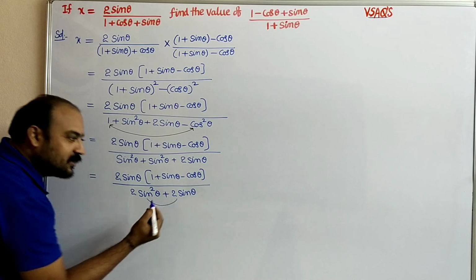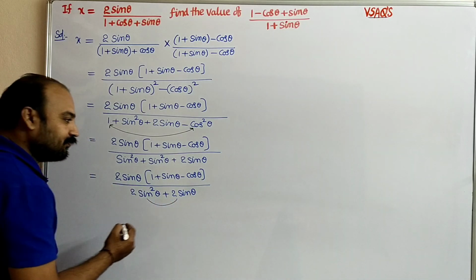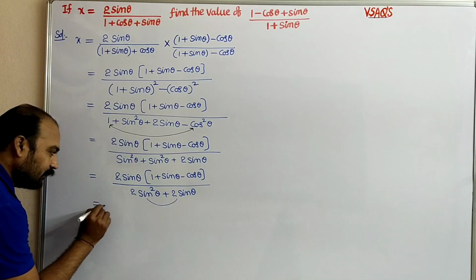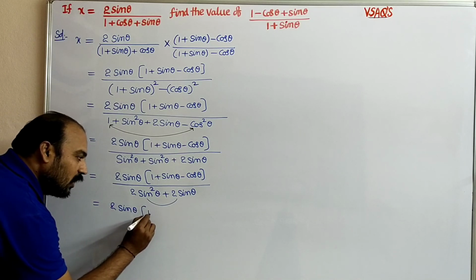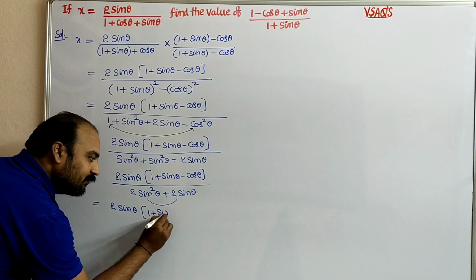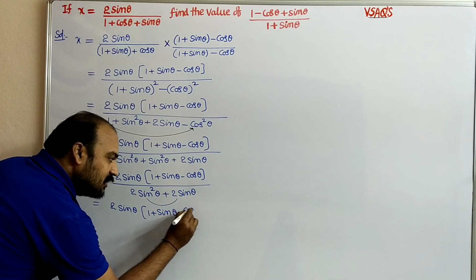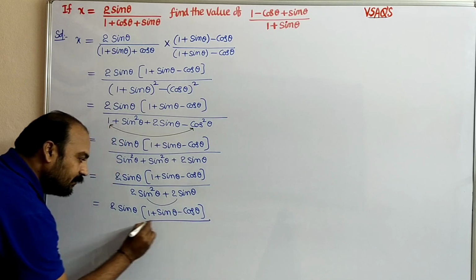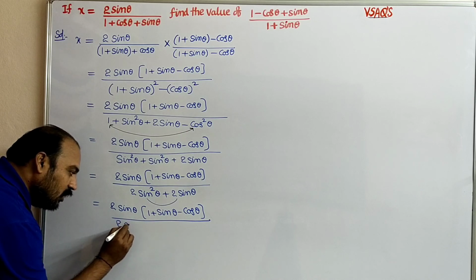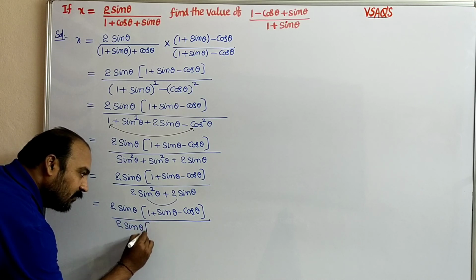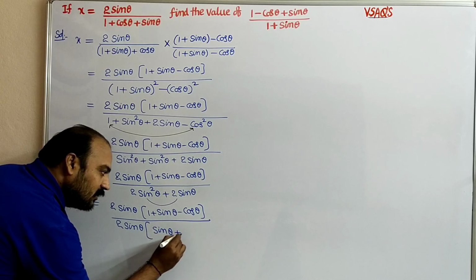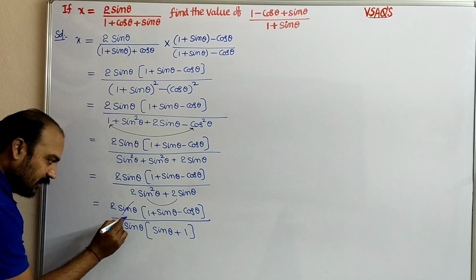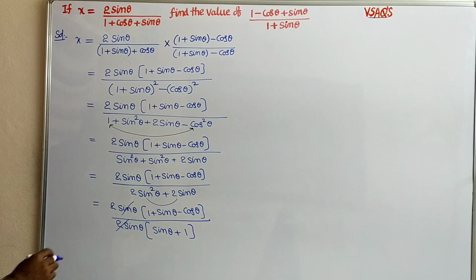From these two, 2 sin theta take common, which is equal to 2 sin theta into 1 plus sin theta minus cos theta divided by 2 sin theta. If we take common, here sin theta will be there plus 1. So 2 sin theta gets cancelled, that means both now.